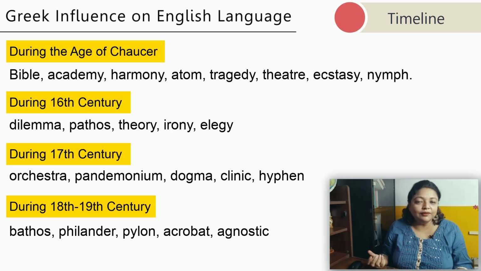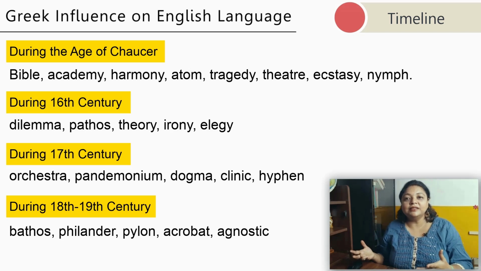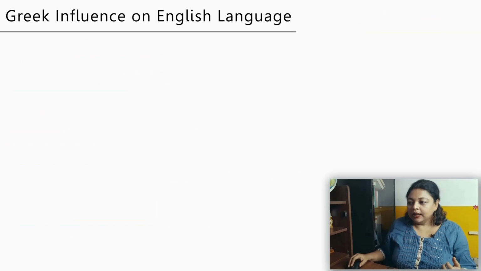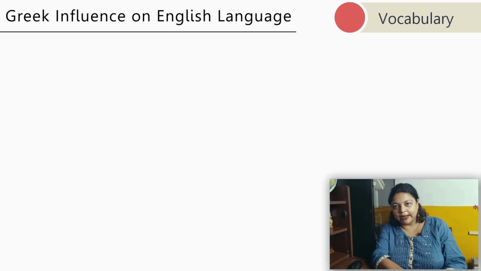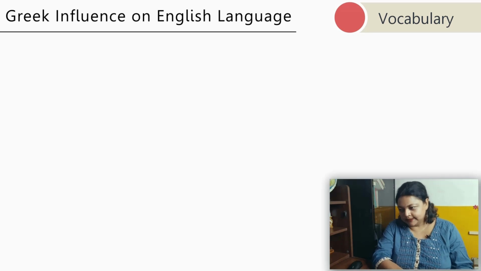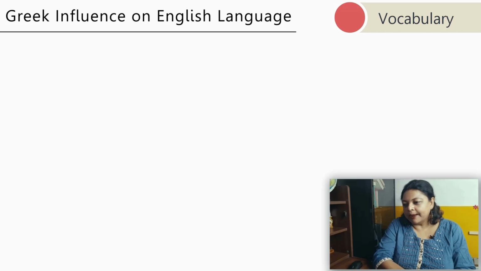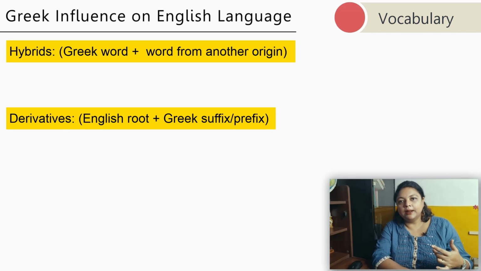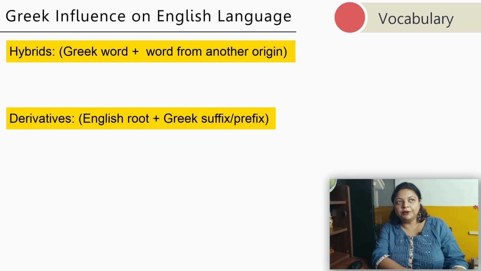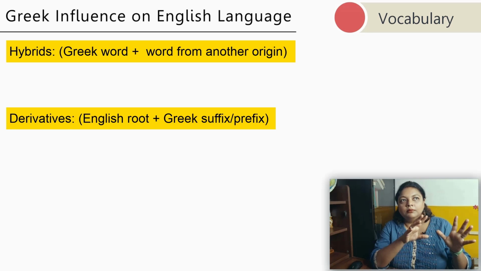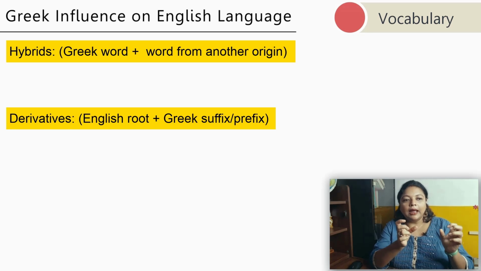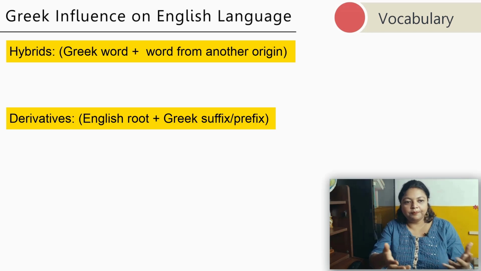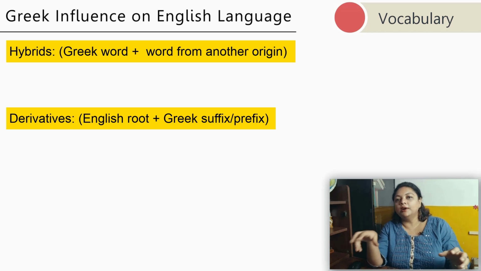They were showing their creativity even in these linguistic transformations. So when it comes to English vocabulary now, words were either taken directly or indirectly from Greek roots. The two processes through which this was happening, one was by forming hybrids. In hybrids, you have more than one part in a word, and those two parts or three parts belong to different origins.